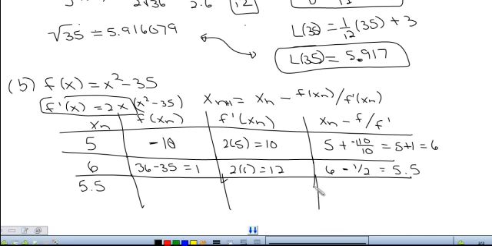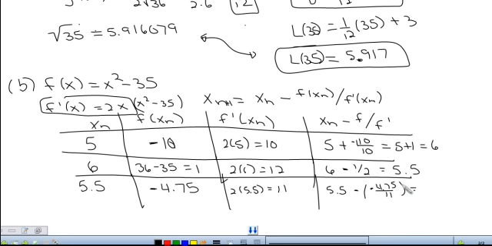So I'm going to put 5.917 squared minus 35, and 5.917 times 2 is going to be 11.834.